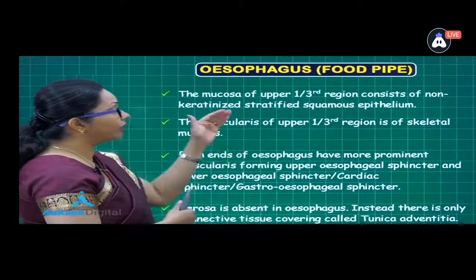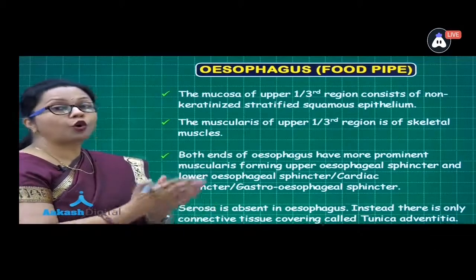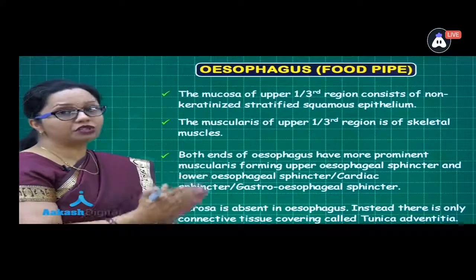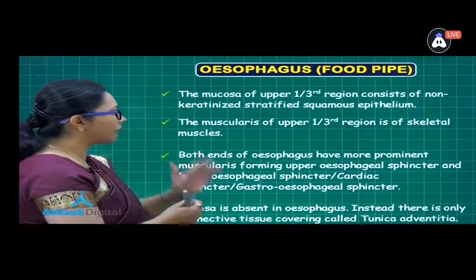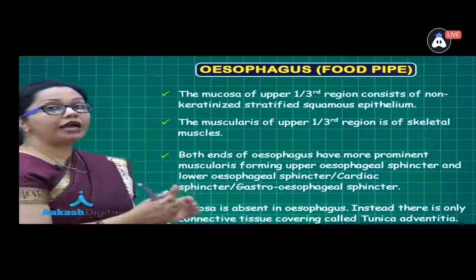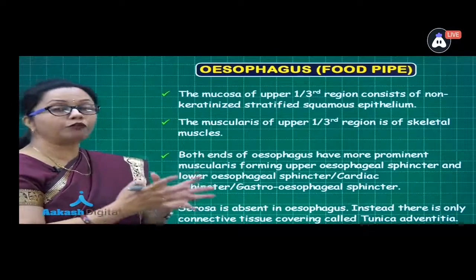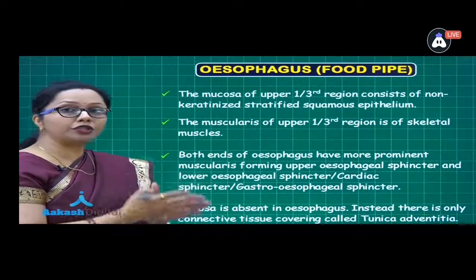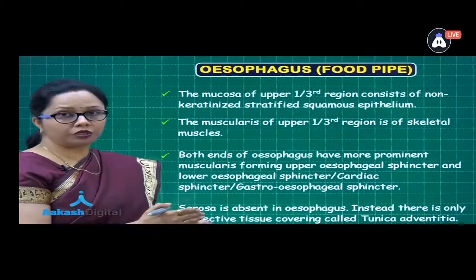Not only that, where the skeletal muscles are present, the two plexuses, the Auerbach's plexus and the Meissner's plexus that we have talked about, would be absent. So the plexuses are absent in this region. Then both ends of the esophagus have sphincters. Sphincters are made from the muscularis only, and in the muscularis we had mentioned there are longitudinal and circular muscles.